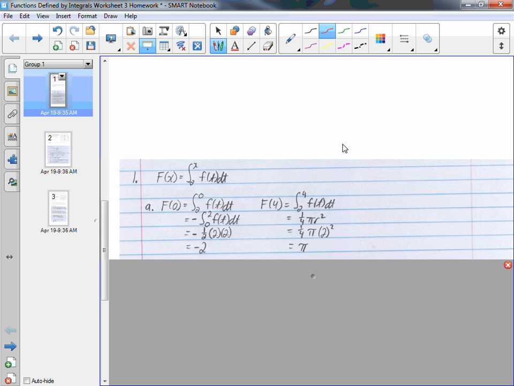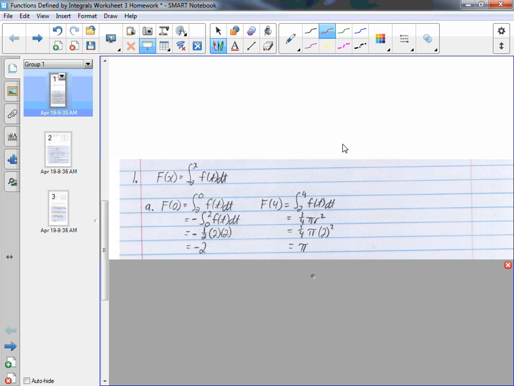And by the way, one of the things I like about going back and doing these worksheets at the end: even if you got lost at some point during the year on taking integrals, can you still work these problems? Yeah, even if you're the worst in the world at finding antiderivatives, you can still do these problems. So some of you need to pick your effort and your outlook back up. You can do these.